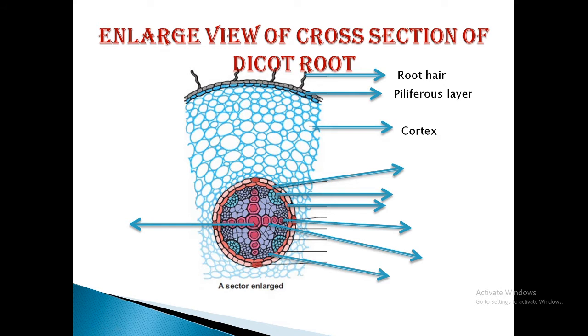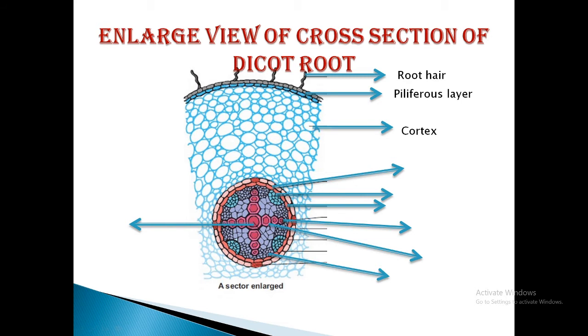The cortex of root is usually devoid of chlorophyll. The exceptions are roots of some water plants and the aerial roots of many epiphytes. Various idioblasts and secretory structures are found in the root cortex.